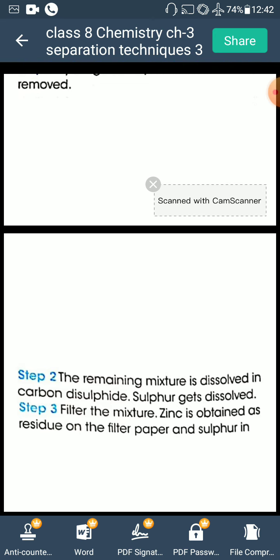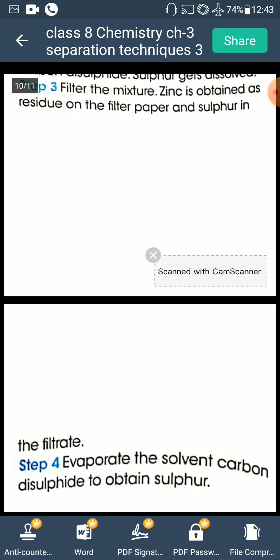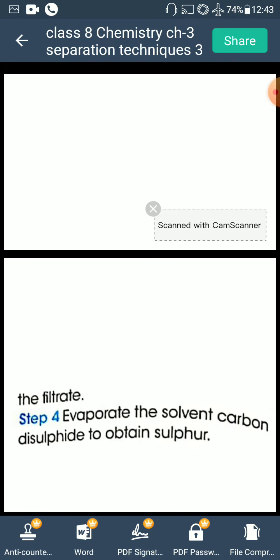In the third step, filter the mixture. Zinc is obtained as residue on the filter paper because it is not dissolved in carbon disulfide, and sulfur is in the solution, that is, in the filtrate.